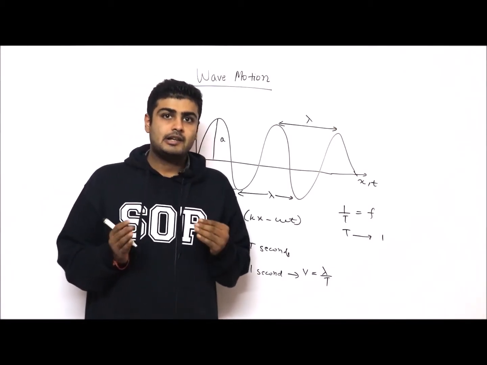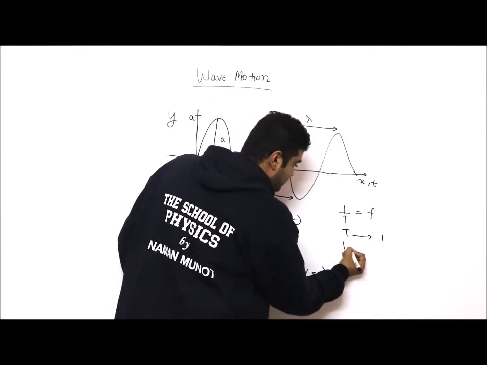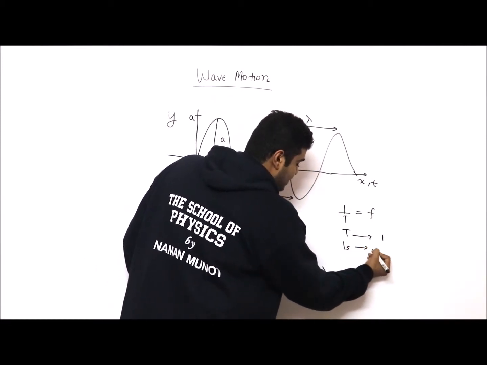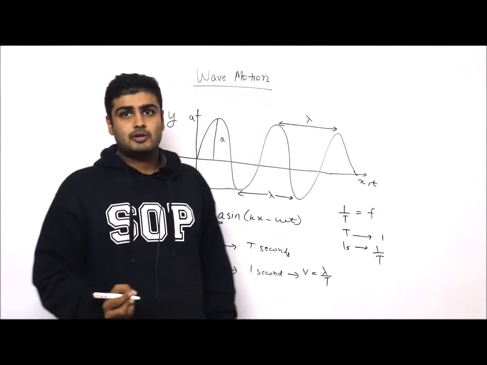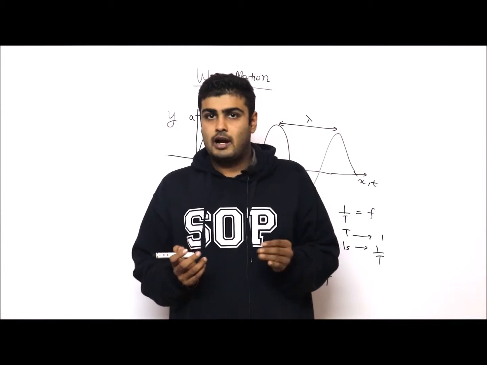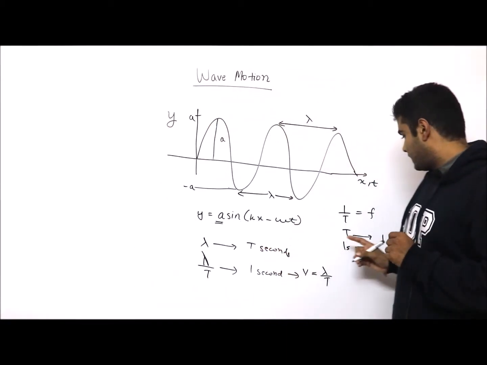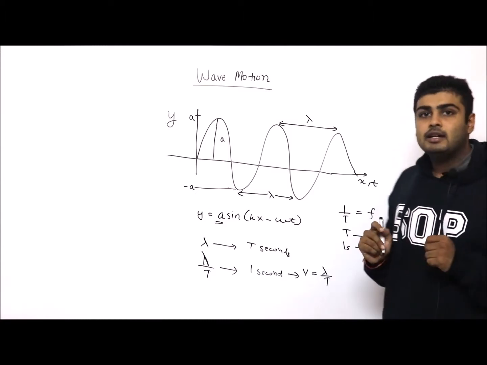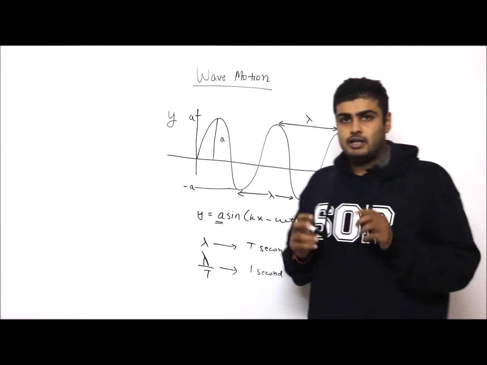So how much does the wave cover in 1 second? In 1 second the wave covers 1 by T oscillations, which is the frequency. Frequency is the number of oscillations covered in 1 second, which is 1 by T. So we covered the basics.